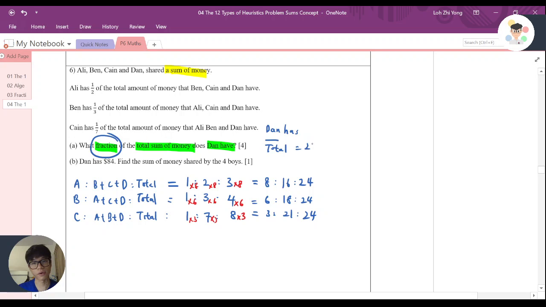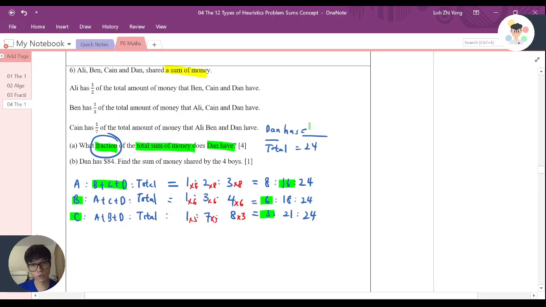The total we know is 24, because we already made the total 24. Now we need to find what is D. The easier way is to use BCD minus B minus C. Then you can find D, right? So this is BCD, this is B, this is C.